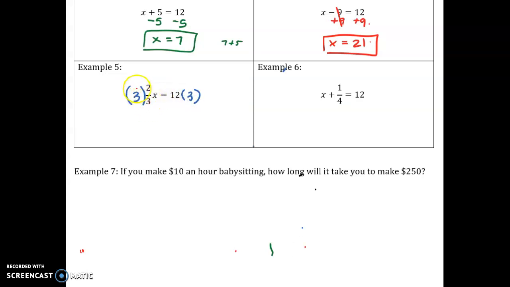Since 3 is in the bottom of the fraction, if I multiply both sides by 3, the 3's will cancel on the left, and I'll be left with 2 times x. And then on the right, I have 12 times 3, which is 36. Now, to get x totally by itself, I will divide both sides by 2. x equals 18.